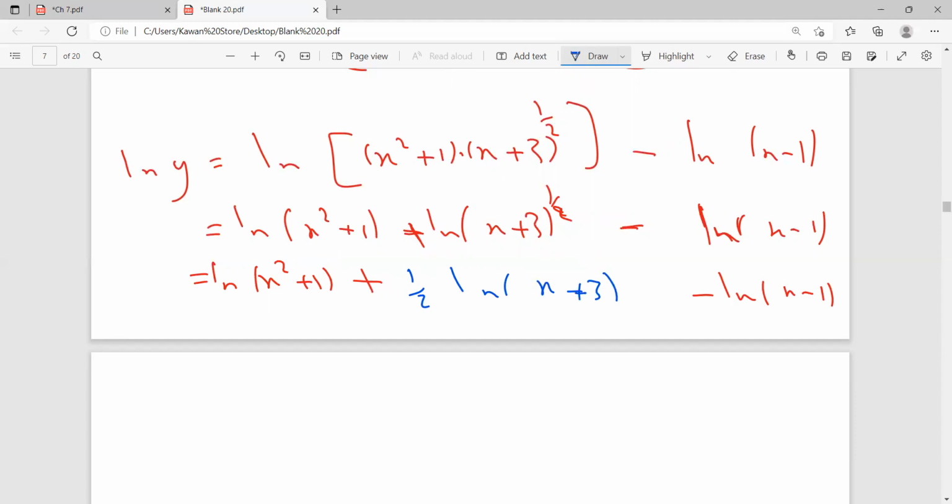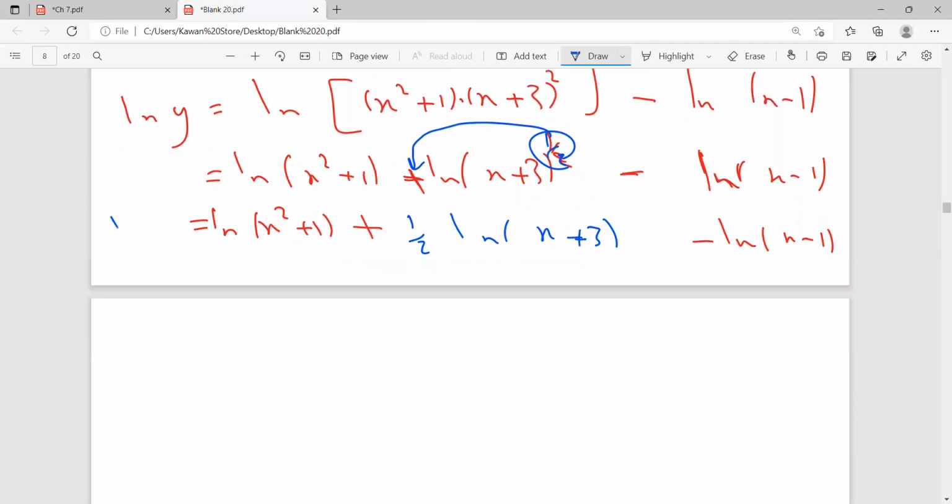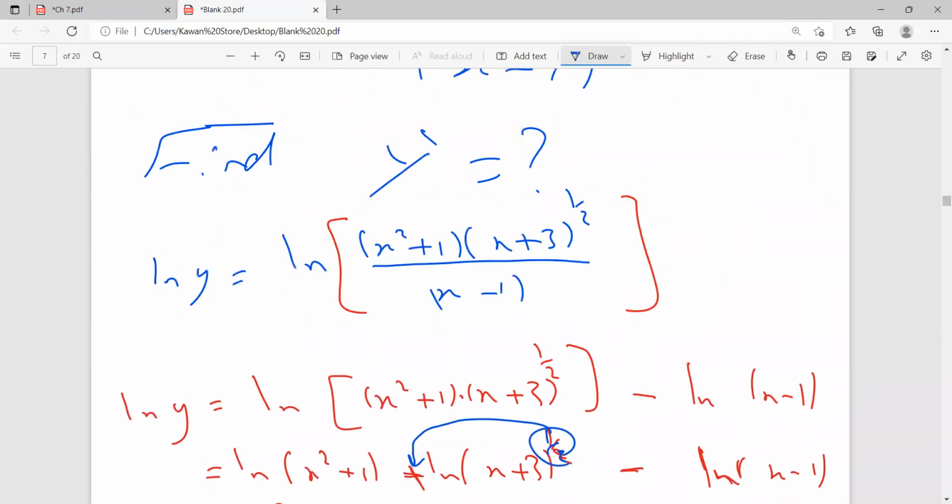The power can be brought from here to here. The fourth property. Do you remember that? If you don't remember, just look at it. Now I have ln of y equal to that. So what was the question? Find what? Find the derivative, y prime.